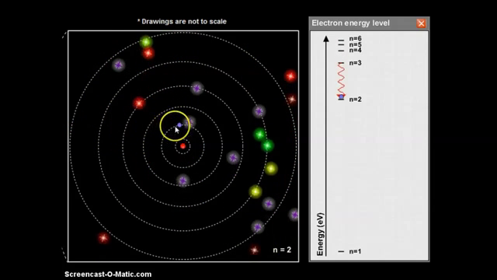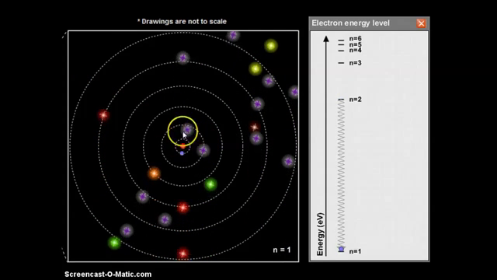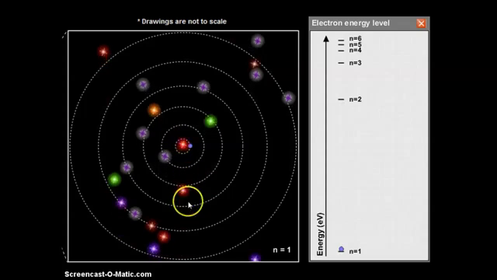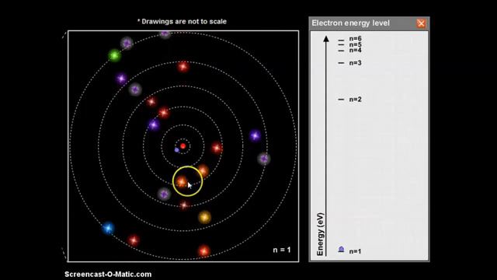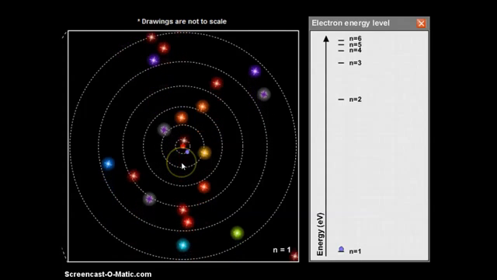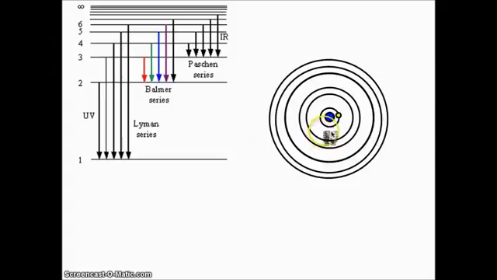Each time it falls down an energy level it's letting off photons. We'll see another one. And each one of these photons is a very specific color or energy of light. And that is what creates the emission spectrum. So let's review. We know that the closer the electron is to the nucleus, the lower the energy.